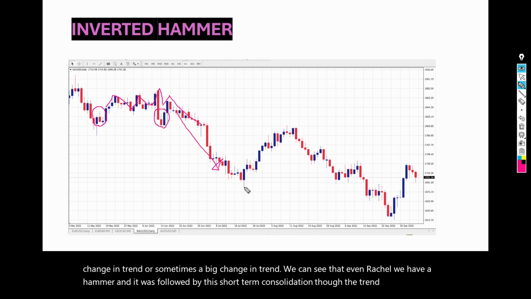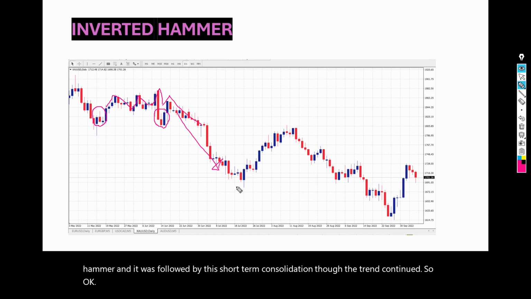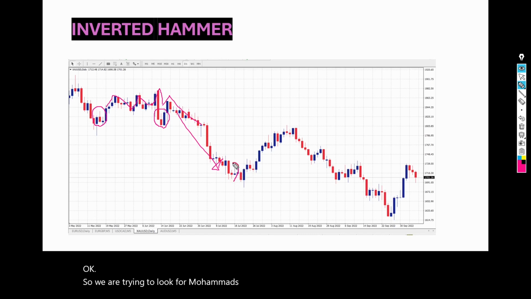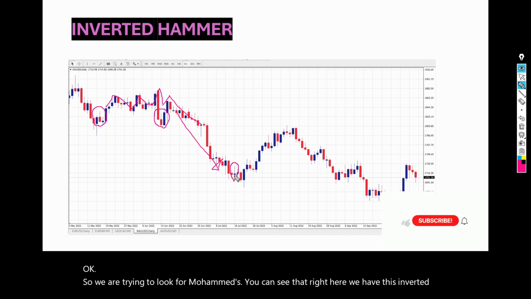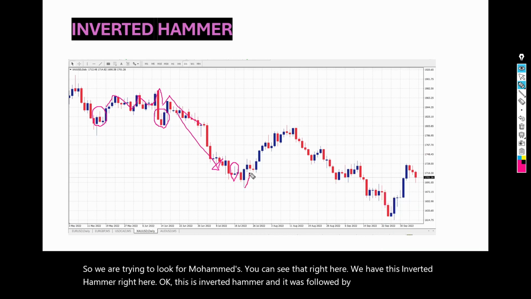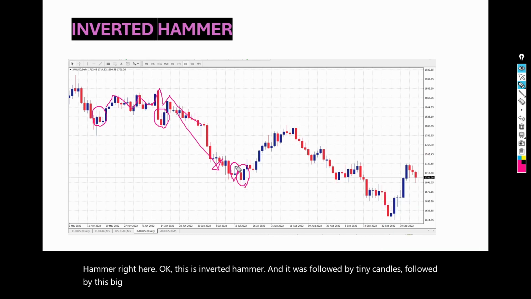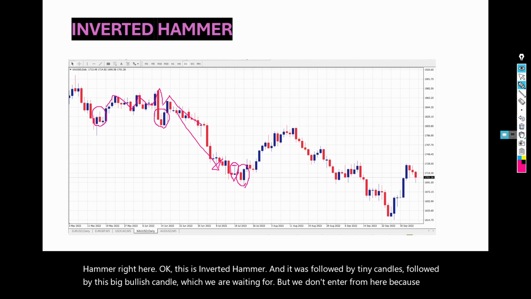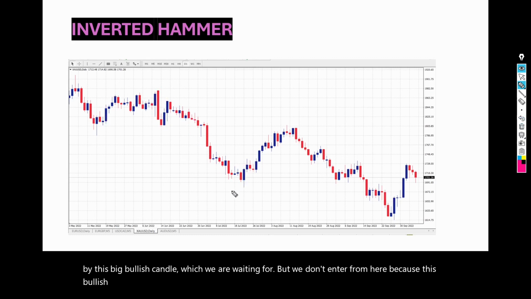So okay, we are trying to look for more hammers. You can see that right here we have this inverted hammer, and it was followed by tiny candles, followed by this big bullish candle, which we are waiting for, but we don't enter from here because of this bullish candle. Let me clear the chart. Right here we have this hammer, and this is its swing high.